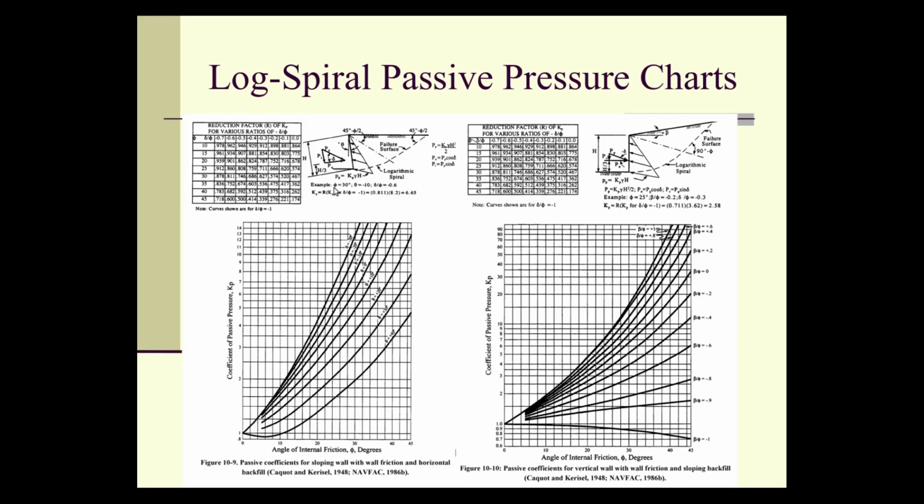For example, phi is 30, theta is minus 10, and say delta over phi is equal to minus 0.6, which is the norm. Most of the time it's going to be negative for these charts. These charts were originally developed in France, and that's why you see delta over phi being negative.